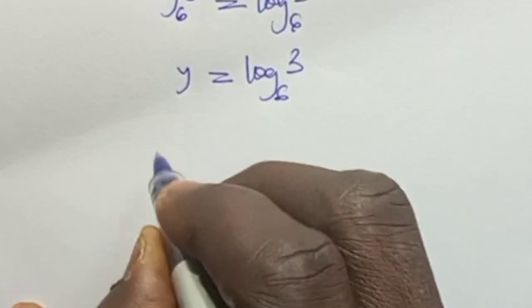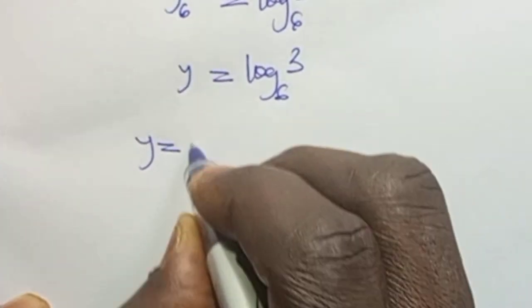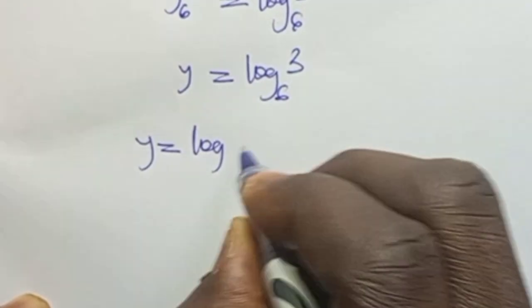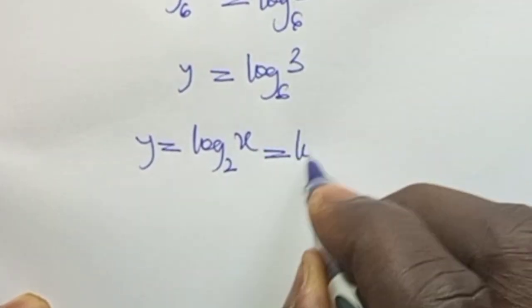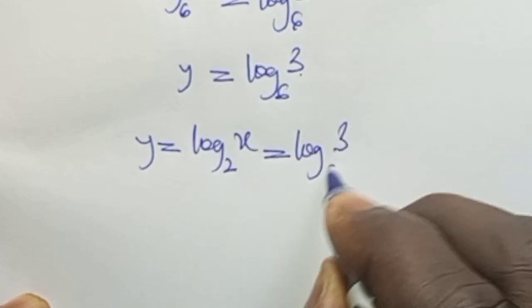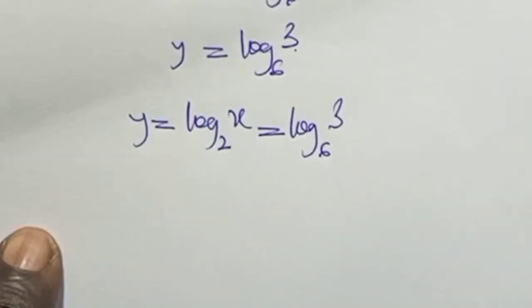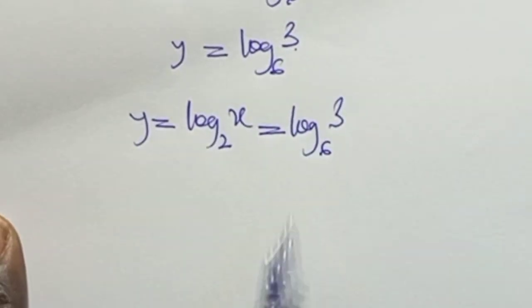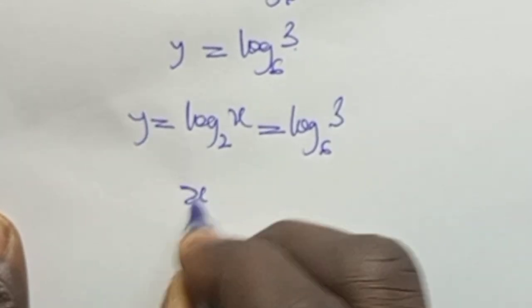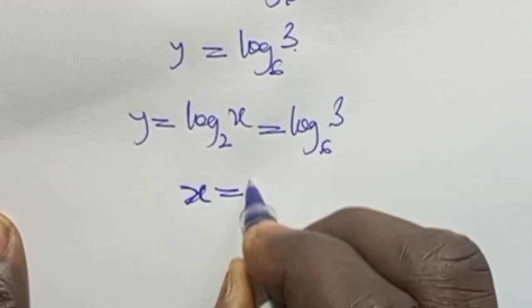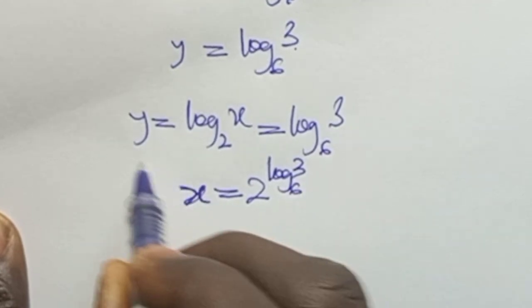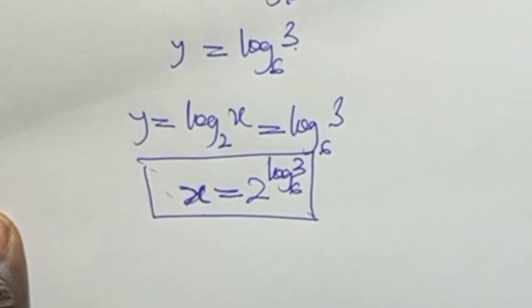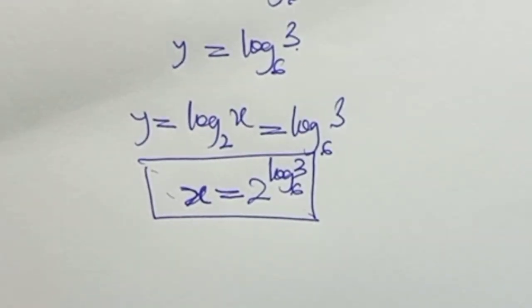So in comparison, we have y equals to log x to base 2 also equals to log 3 to base 6. If we want to transform this to an index form, x will be equal to 2 power log 3 to base 6. And this is the value for x for the first method.